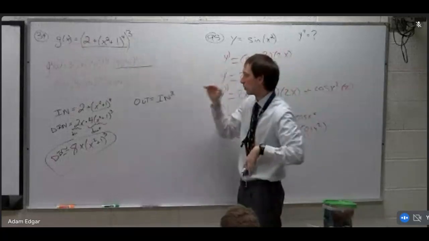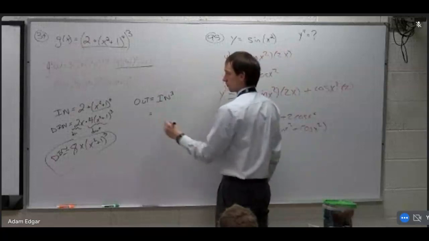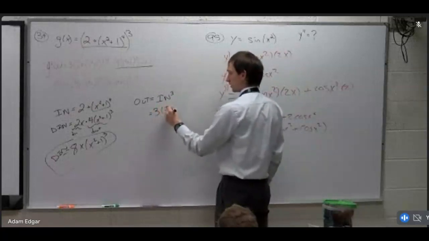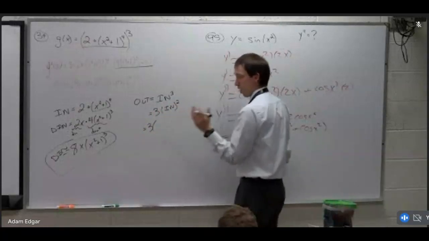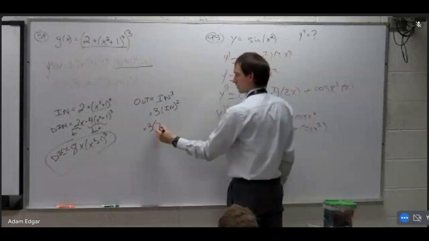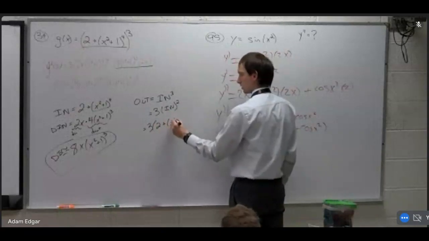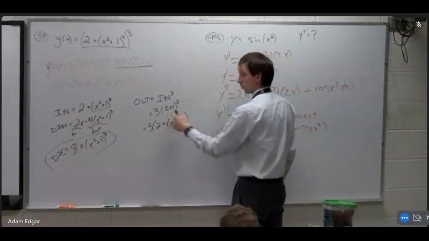Now, if you look at out, what's the derivative of the outer part? 3 times the inside squared. And the inside is obnoxious enough that it's maybe worthwhile writing it down here. What is big N again? The fourth.